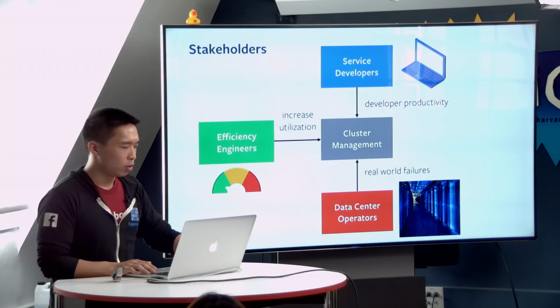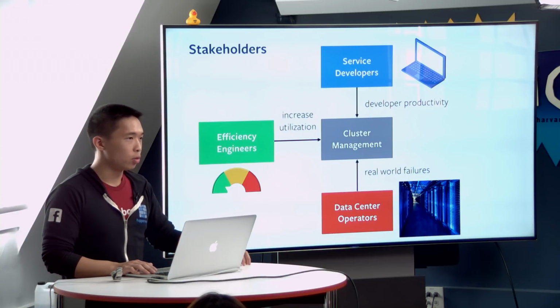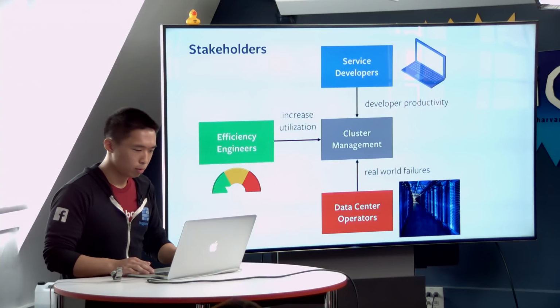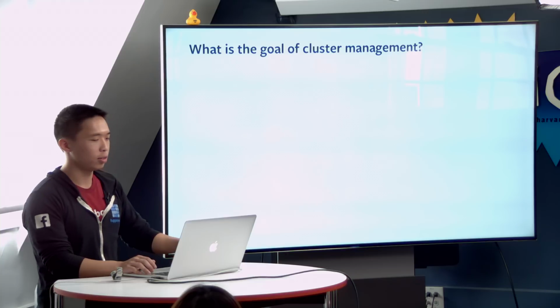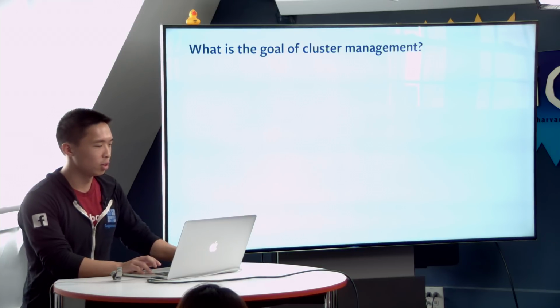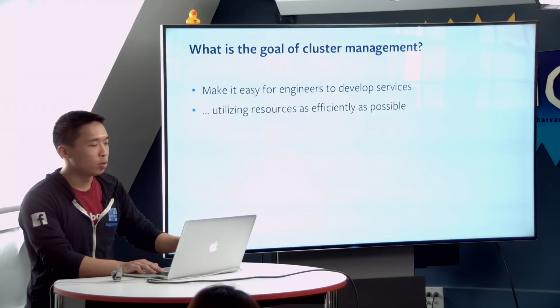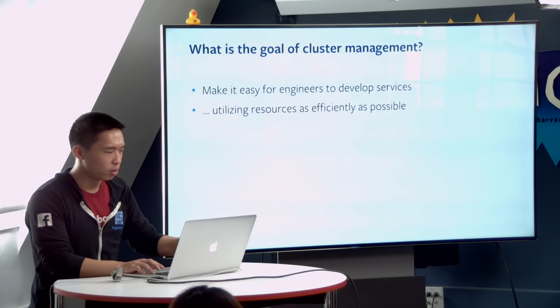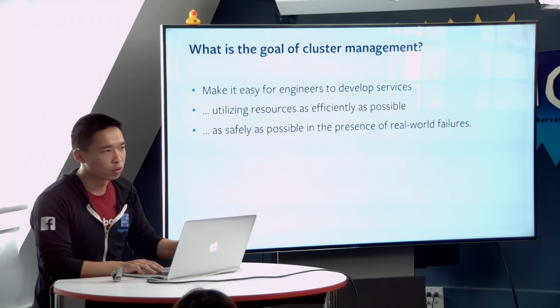The problems we face and the challenges working with these stakeholders are all in the cluster management space. So to put it concisely, the goal of cluster management is to make it easy for engineers to develop services while utilizing resources as efficiently as possible, and making the services run as safely as possible in the presence of real-world failures.